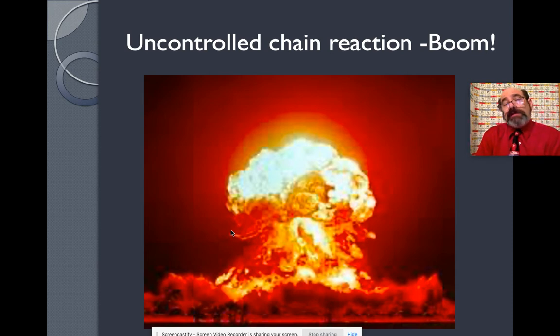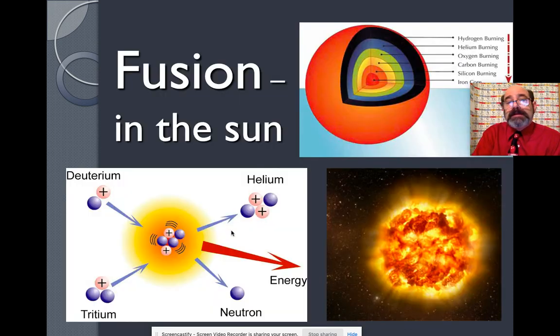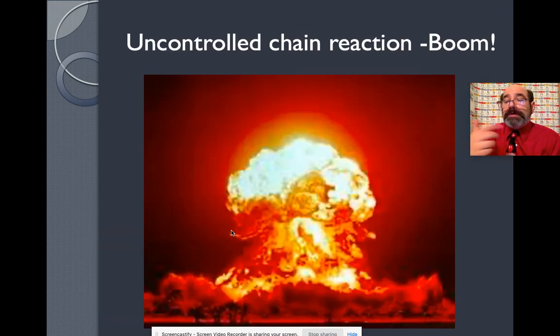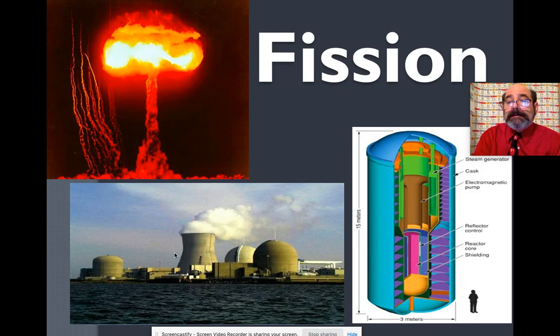But of course, we don't want that to happen. So what we do is, go back, is we're able to control it in a nuclear power plant. Hopefully, unlike the poor nuclear power plants that have blown up. But inside the nuclear power plant is here, and it's all protected.